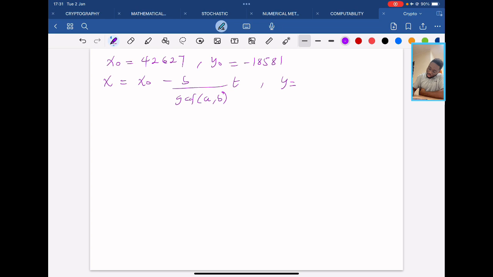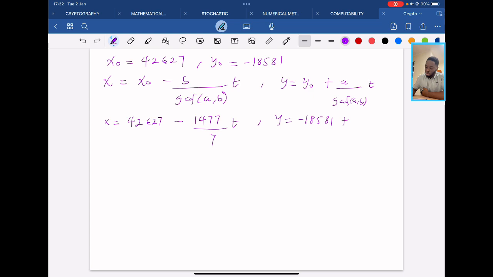And y will be equal to y naught plus a over the GCD of a and b times t. So x will now be equal to 42627 minus b. The b in this case is the coefficient of y, which is 1477, and the GCD of a and b we had 7t. y will be equal to y naught, minus 18581, plus our a. a is the coefficient of x, so 644 over 7t.